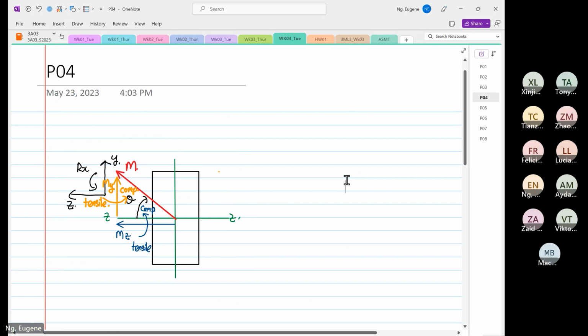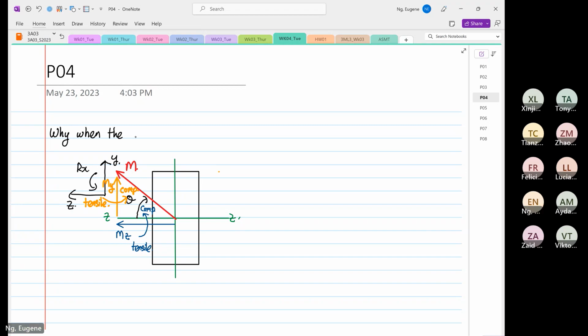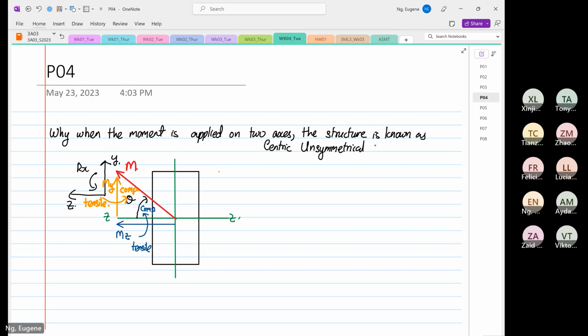So why, when the moment is applied on two axes, the structure is known as centric unsymmetrical bending?